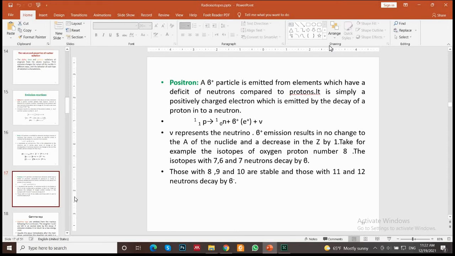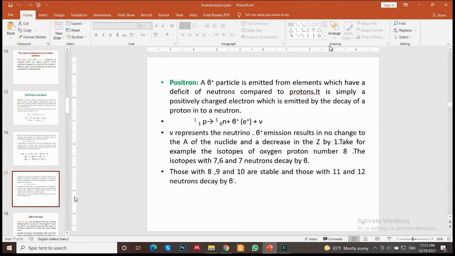When we have a radionuclide whose proton number is higher than the neutron number, we can have a positron particle. Due to decay of a proton to a neutron, or due to converting one proton to a neutron, a positive charged electron called a positron is created.